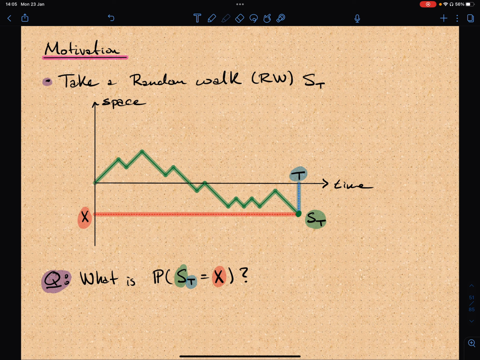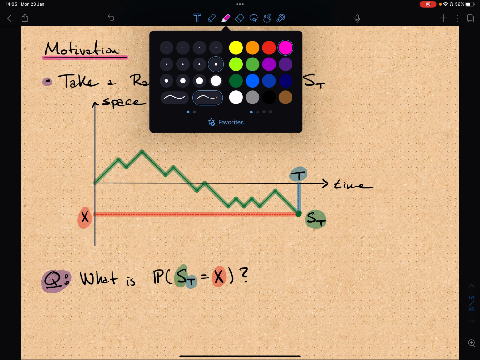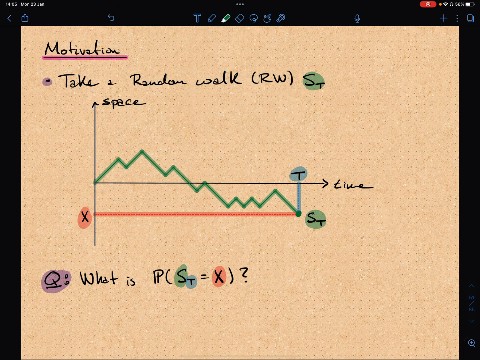Here, my random walk is going to be this random variable S_t, and t really denotes time. Here we have the trajectory of a random walk. It moves up, down, up, down, and it arrives at some location x over here at time t.